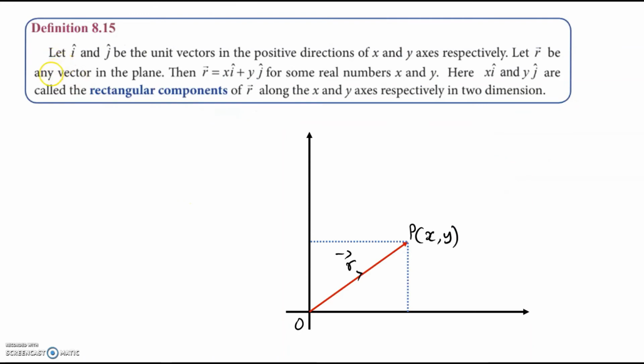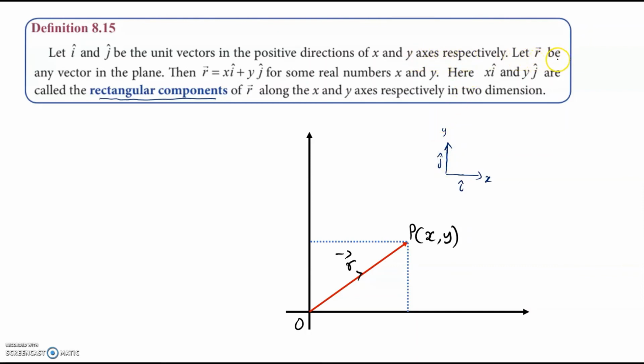And here we'll define the rectangular components of a vector. Let i cap and j cap be the unit vectors in the positive directions of x and y axis. So we have in the x axis i cap, and we have in the y axis j cap.